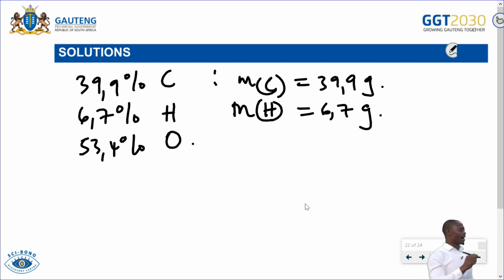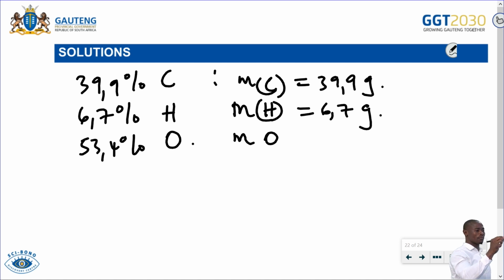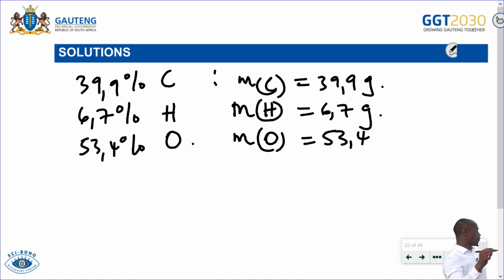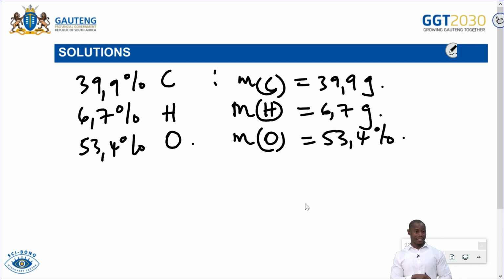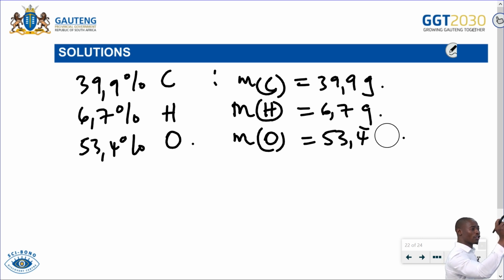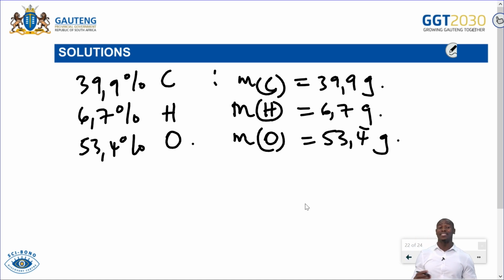The mass of oxygen will be 53.4 grams. That is the mass of each element. So we are expressing those percentages as masses. Then from here, we have to calculate the number of moles of each element.